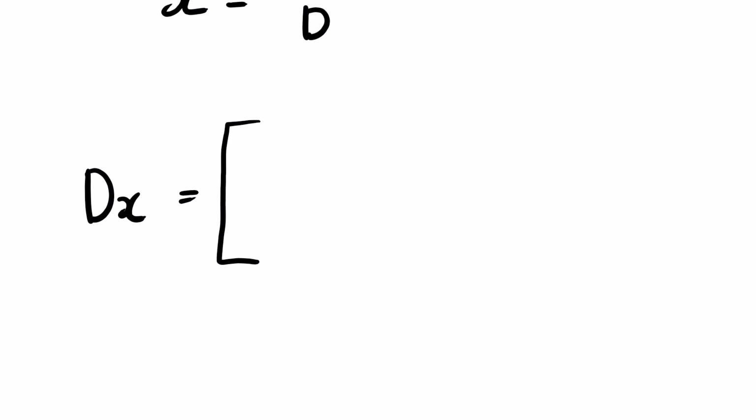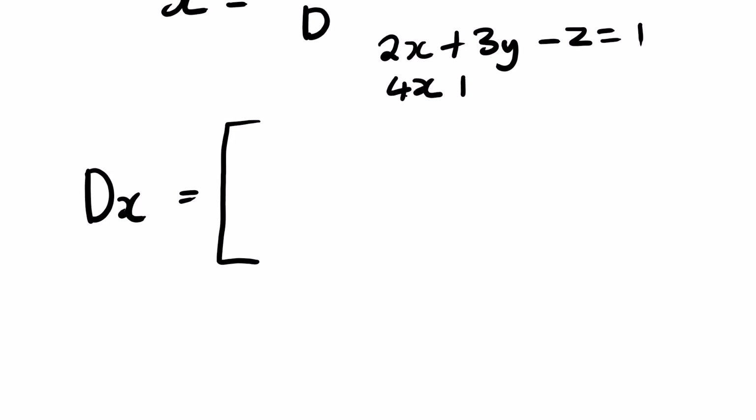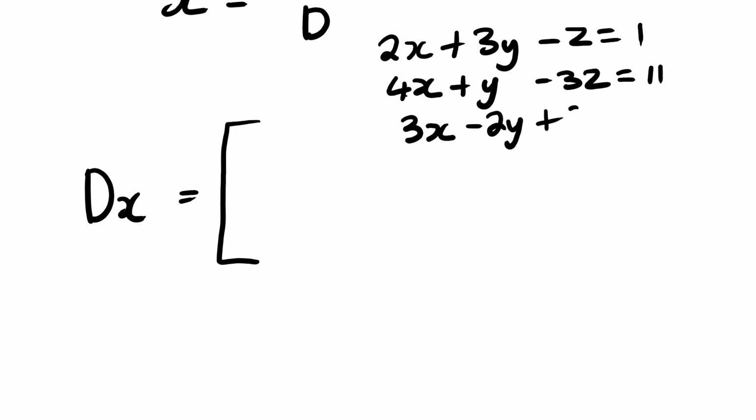Now remember our linear system is 2x plus 3y minus z equals 1, and then we have 4x plus y minus 3z equals 11, and then we have 3x minus 2y plus 5z equals 21.